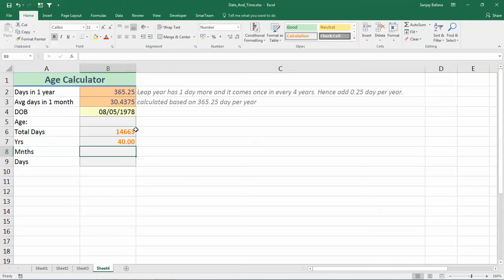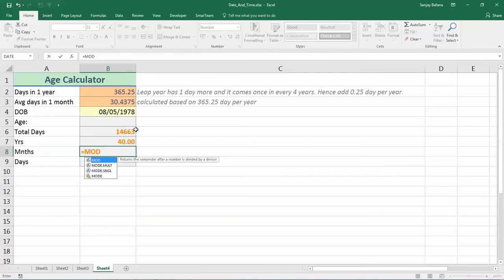So to calculate the number of months, we'll go back to simple arithmetic where we would calculate the remainder of the division and use that to calculate the months. So there is a function under mathematics which is called MOD.